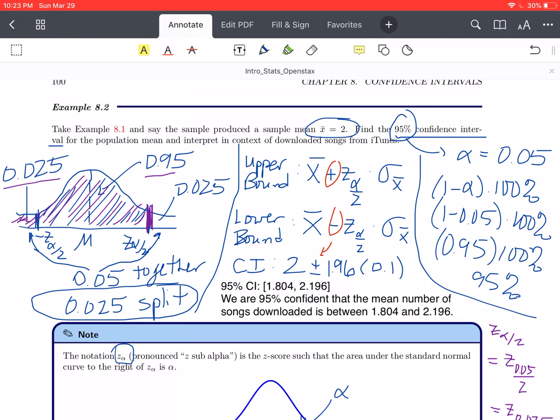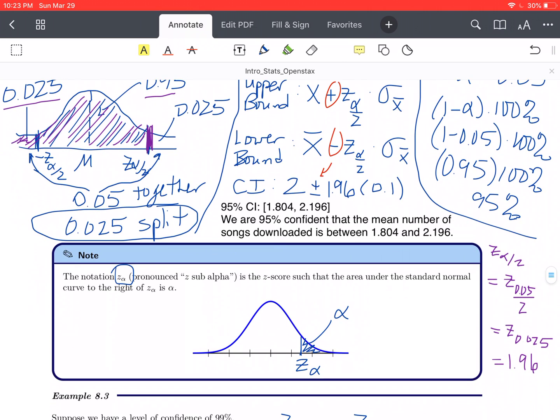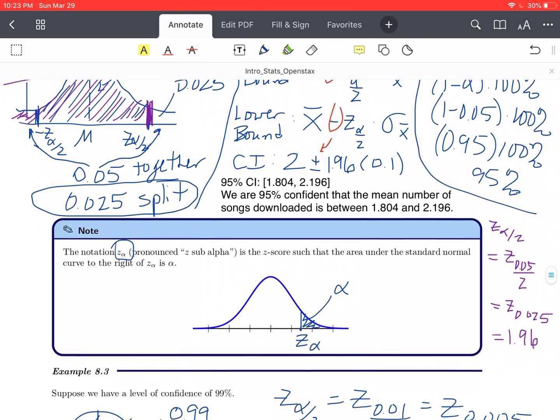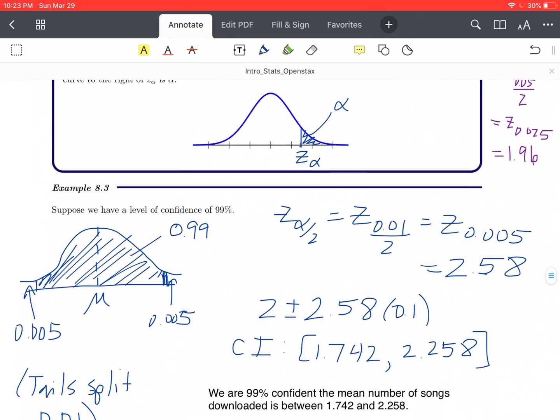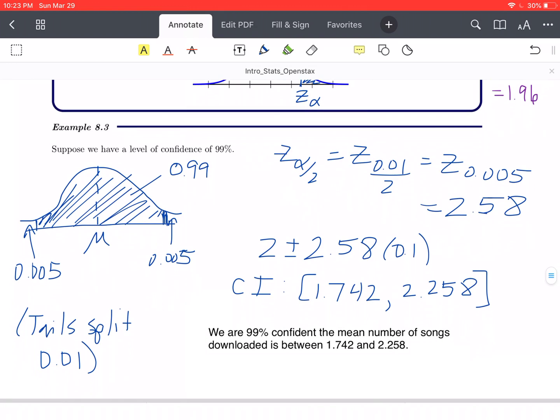Maybe I want to be 99% confident in my answer. I say, okay, well, in order to do that, instead of it being from 1.8 to 2.19, it's going to have to be 1.7 to 2.25, something like that. And we would say with a 99% certainty that the value must lie somewhere between these two. Okay? So this is what we mean when we're talking about a confidence interval, is how confident are we that a value, in this case a mean, lies within a particular range or a particular interval.